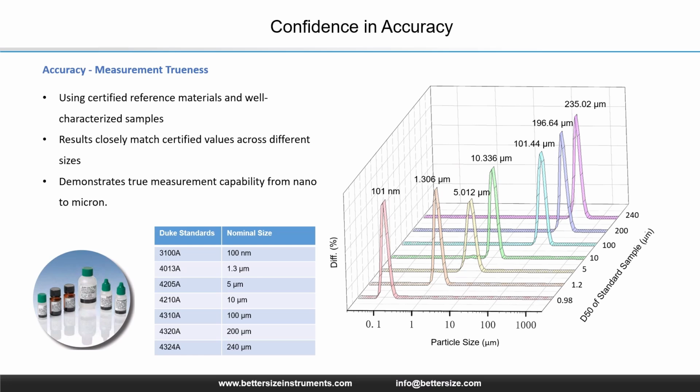In every instance, the measured peak, the colored curve, aligns perfectly with the certified nominal value. This confirms that the entire optical range, from the lateral detectors measuring the coarse particles to the backscattering detectors measuring the nanoparticles, is calibrated to physical reality.